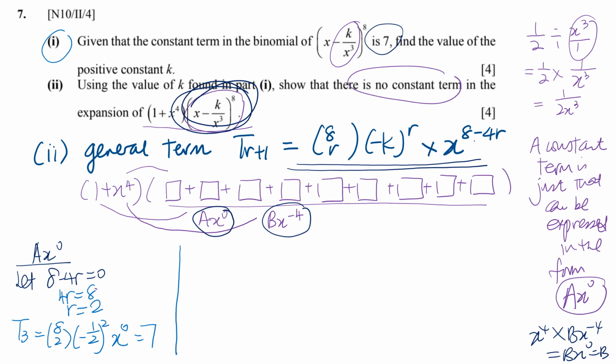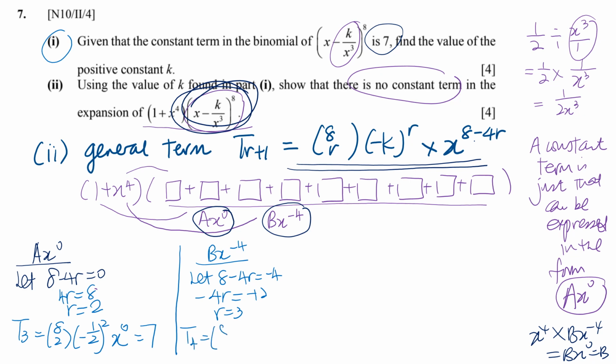Then the next term that I need to find is bx to the power negative 4, which means I will need to let 8 minus 4r equal negative 4. So negative 4r will be negative 4 minus 8, negative 12, so r will be 3. So we're actually finding the fourth term.